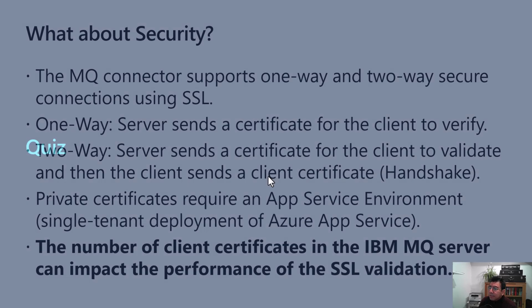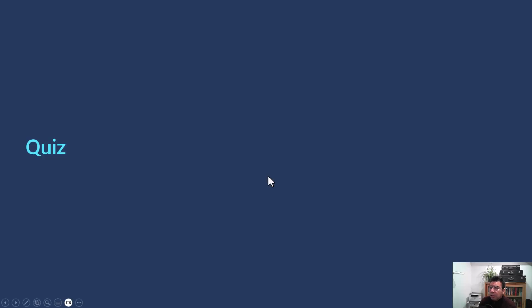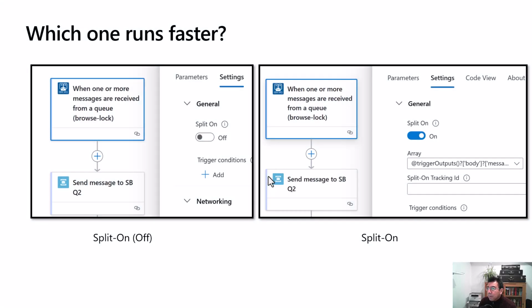Now, let's do this quick quiz about what we just discussed. Which one runs faster? You have a trigger that uses a browse lock that sends messages to Service Bus, and you have it with a split on, and also an array here, of course, right?